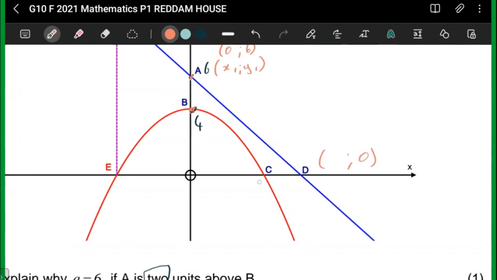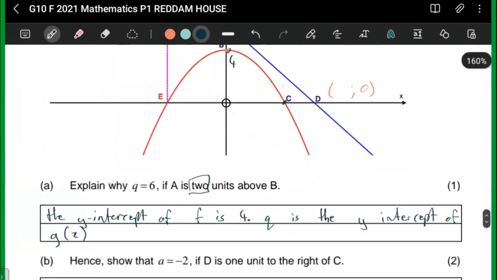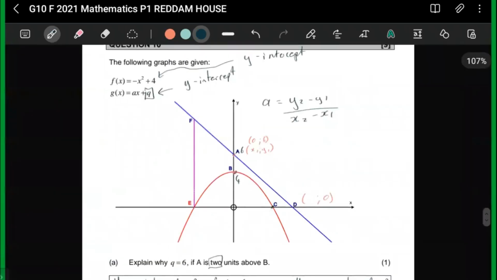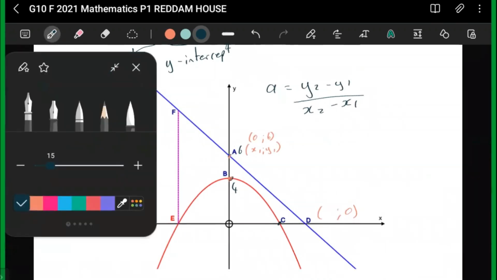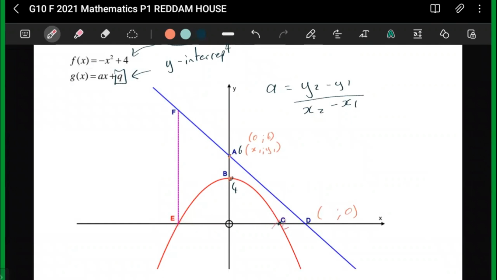For you to get the x value, you clearly need to make use of C, because the moment you find C, you can just add 1 unit, you get the D. So to get the x value of C, you need to make use of your equation of F. See, your equation of F can get you the x-intercepts. It will get you E, it will get you C.